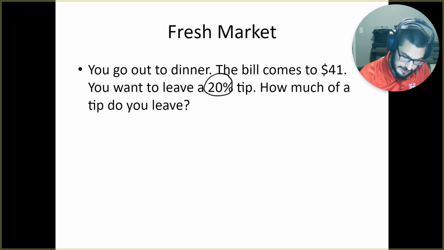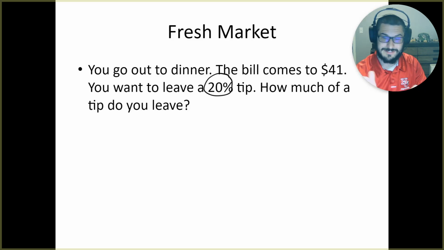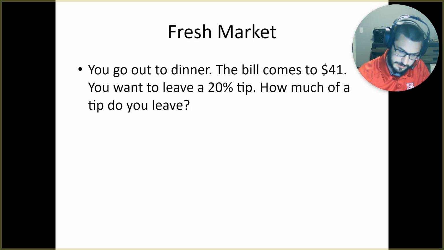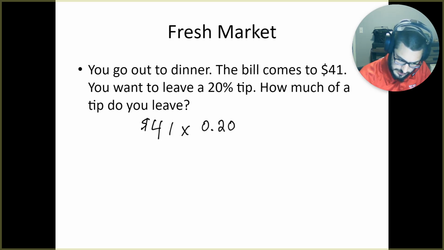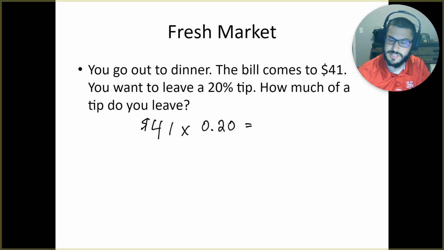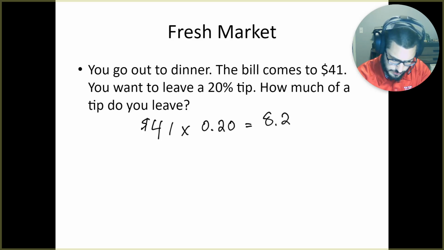So if I am adding a 20% tip, then whenever I get this final number, I'm going to have to add it to my 41. Okay, so we've got $41 times my 0.20 tip, my 20% tip, equals, and that's going to give me $8.2.